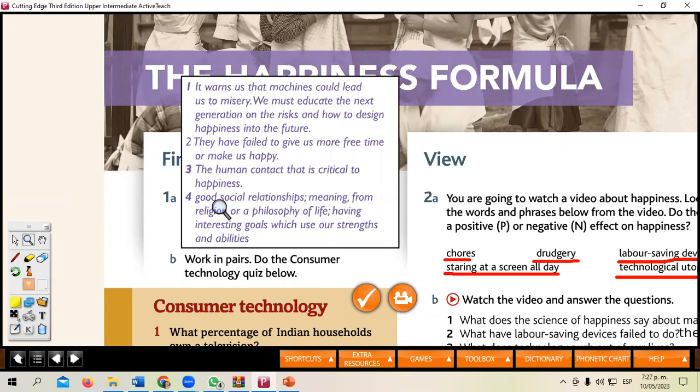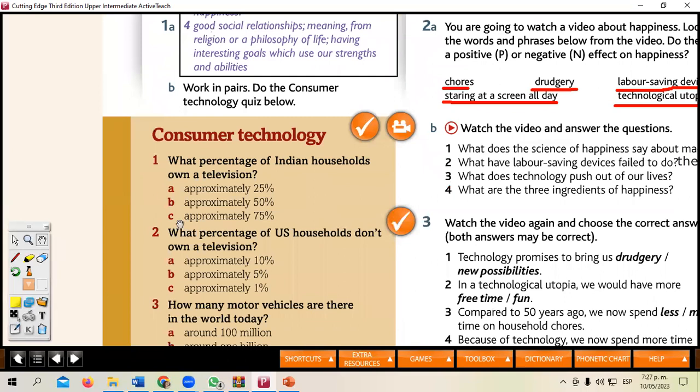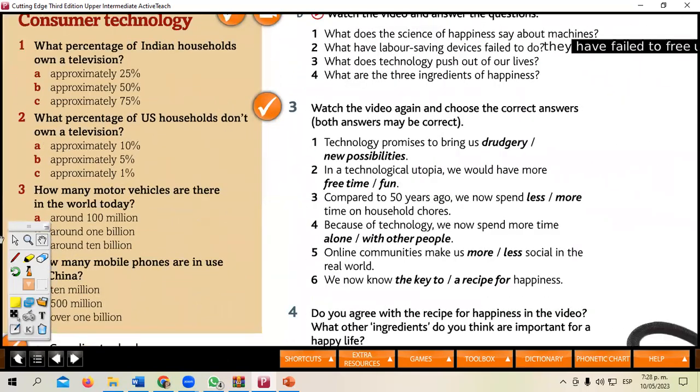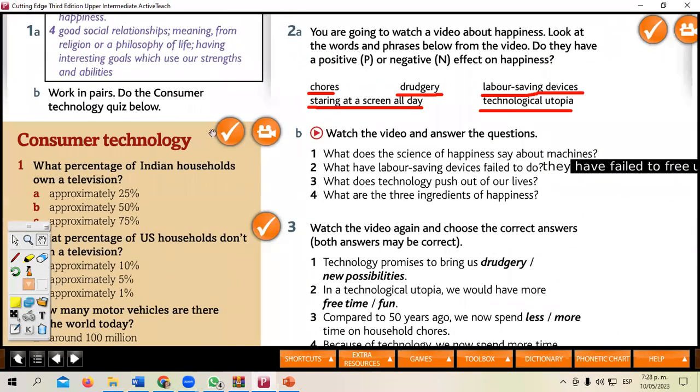And the 3 keys are good social relationships, a meaning, either a religion, a philosophy of life, and also having interesting goals in which we can use our strengths and our abilities. Okay, let's close them.